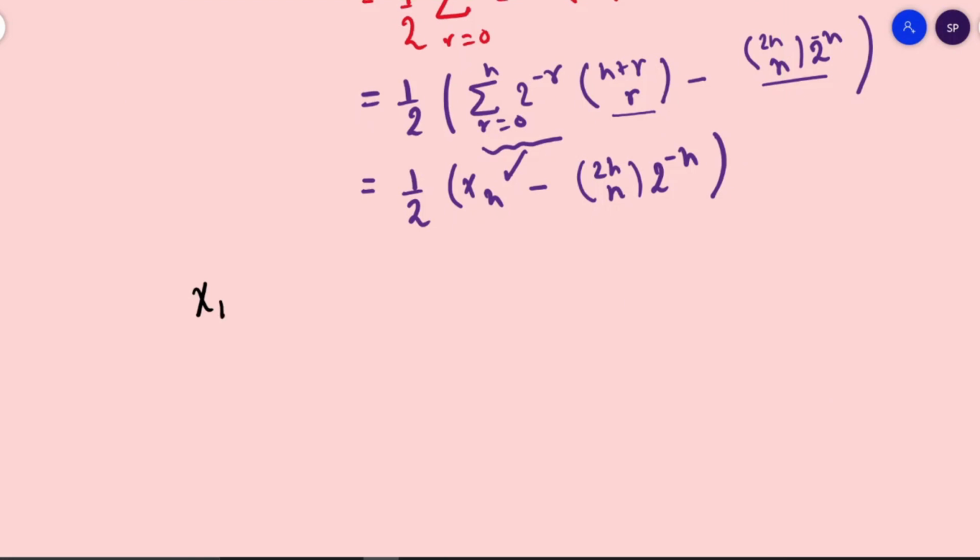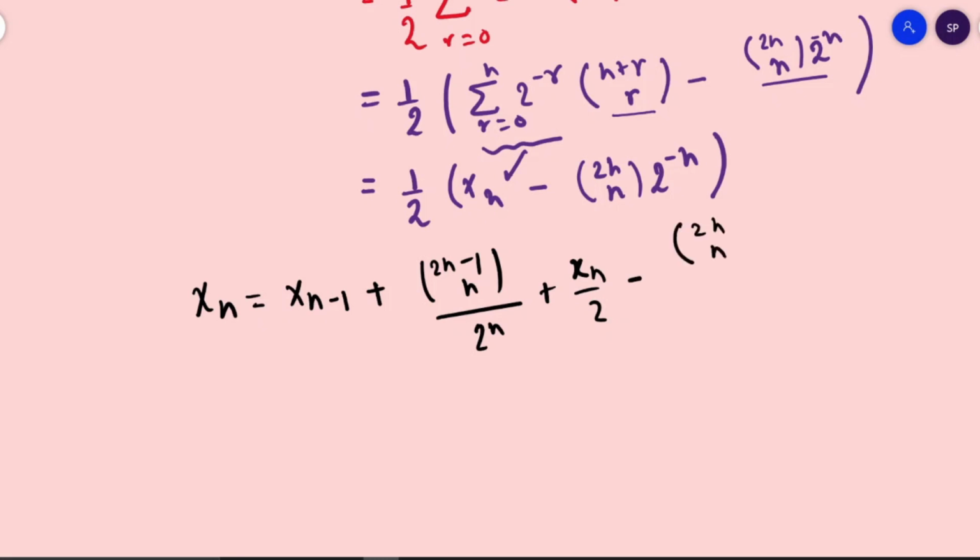So we end up getting that xn equals x of n minus 1 plus (2n minus 1 choose n) by 2 to the power n, plus xn by 2, minus (2n choose n) by 2 to the power n plus 1.